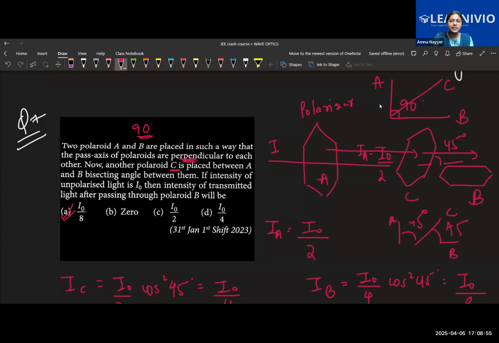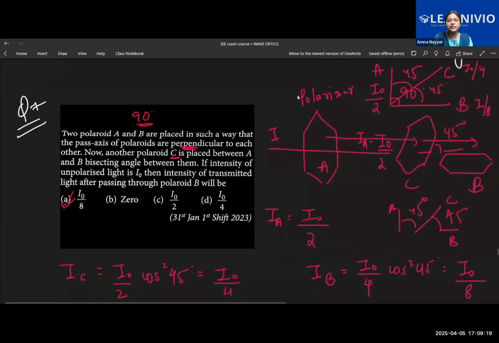Till here the polarizer brought the intensity to I naught by 2, which we studied in the theory part. Now this angle is 45, so it becomes I naught by 4 here. Then again this angle is 45, so by the time the light rays come to B, it becomes I naught by 8. Got this? Yes. Please write it, then we'll discuss diffraction.